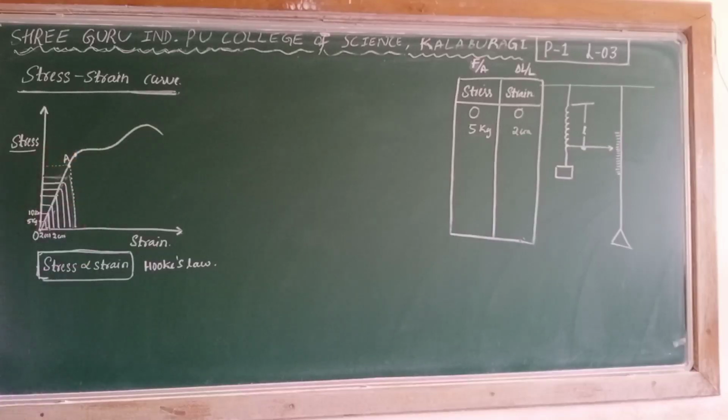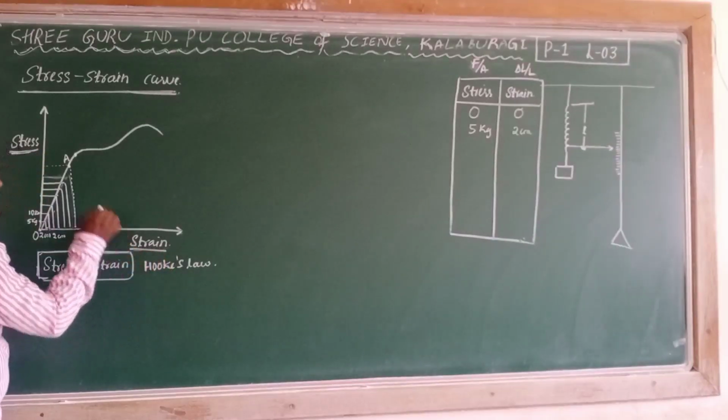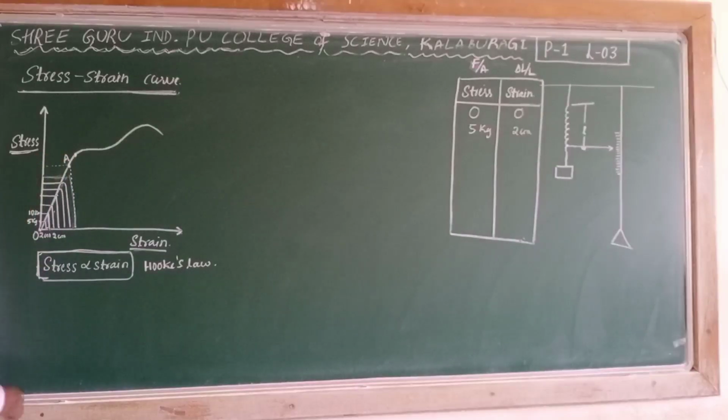Beyond this point, we apply a stress continuously. A very small stress acting on this steel rod, steel wire or any steel spring produces a very large strain.